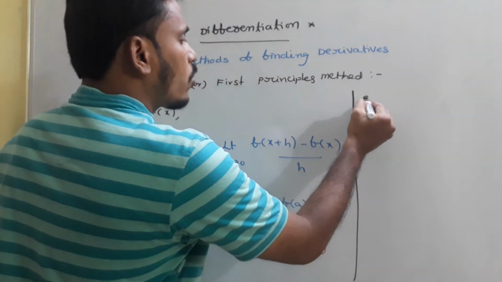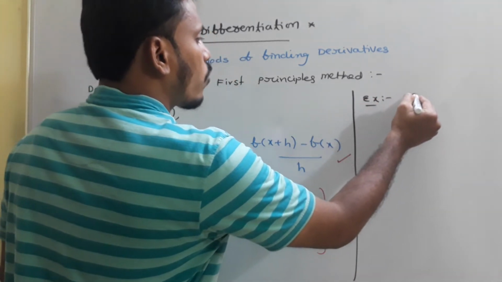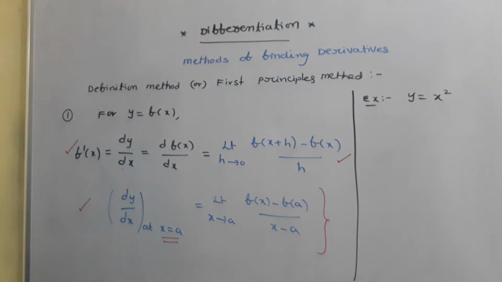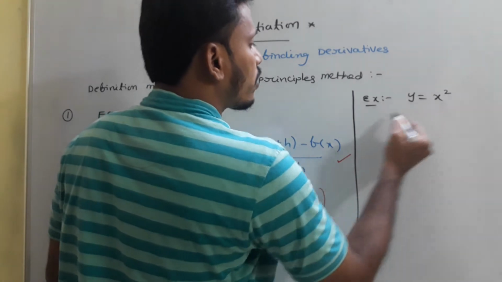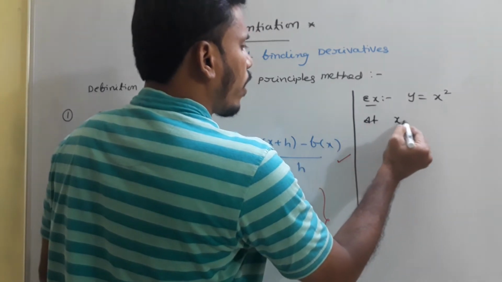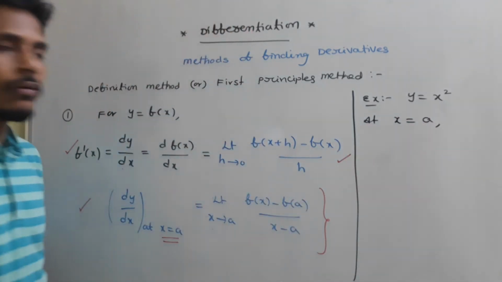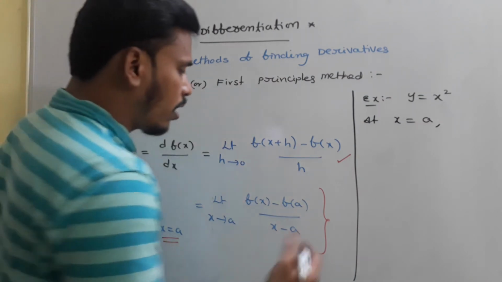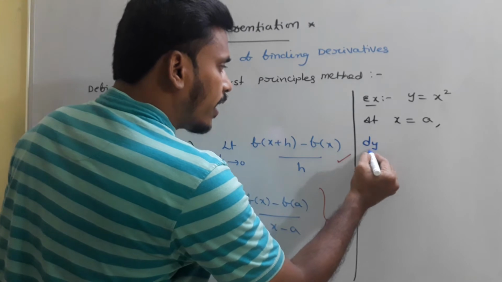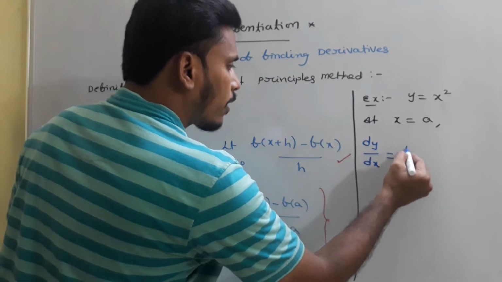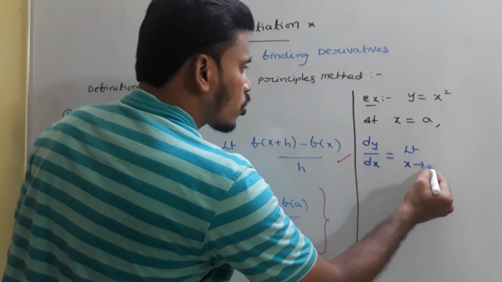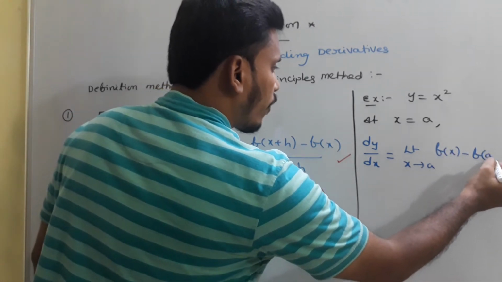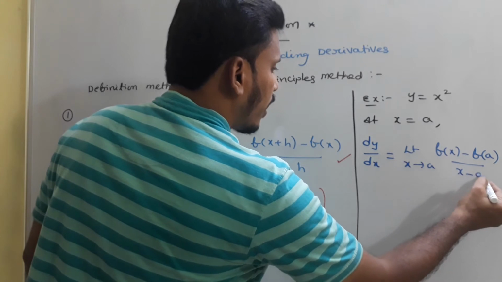Suppose I am giving you an example here. You have a function y is equals to x square, and I wish to find the derivative of y is equals to x square at a point x is equals to a. Then dy by dx is limit x tends to a of f of x minus f of a divided by x minus a.